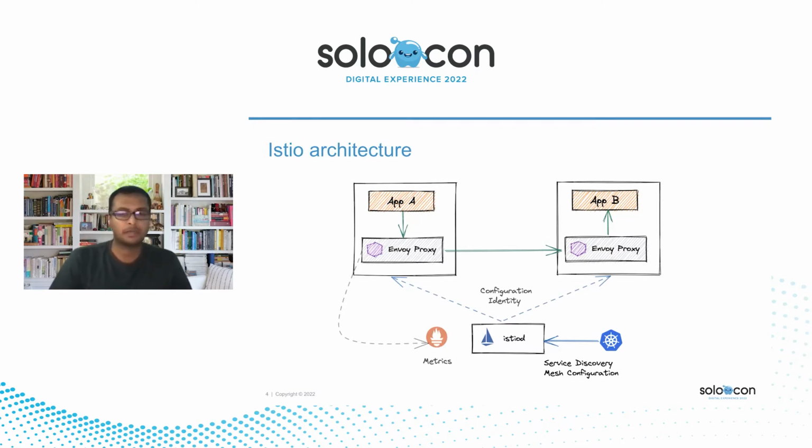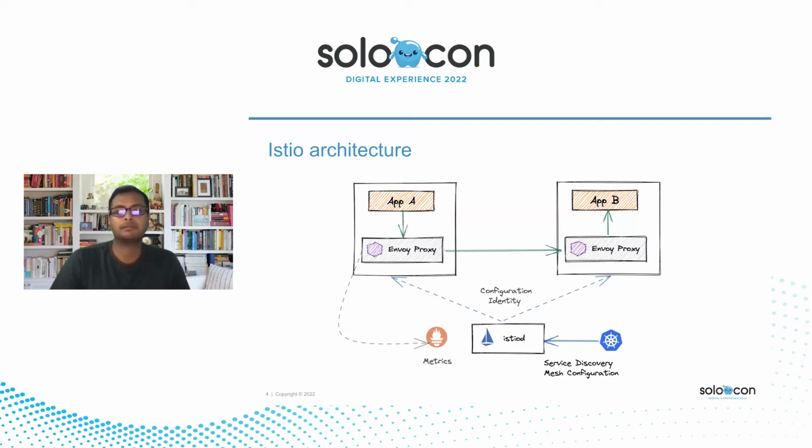By sidecar proxy architecture, I mean these are injected in the same pod as the application container, and we add some iptables magic to make sure all the traffic from the application container is sent to the Envoy proxy. Similarly, all the traffic coming into the application pod is intercepted and routed through the proxy.